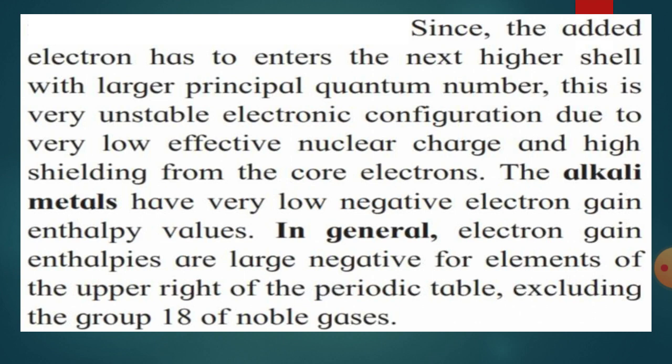The alkali metals have very low negative electron gain enthalpy. In general, electron gain enthalpies are large negative for elements in the upper right of the periodic table, excluding group 18 noble gases.